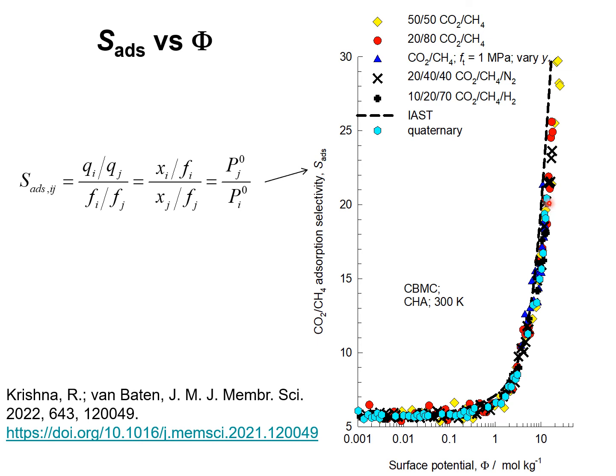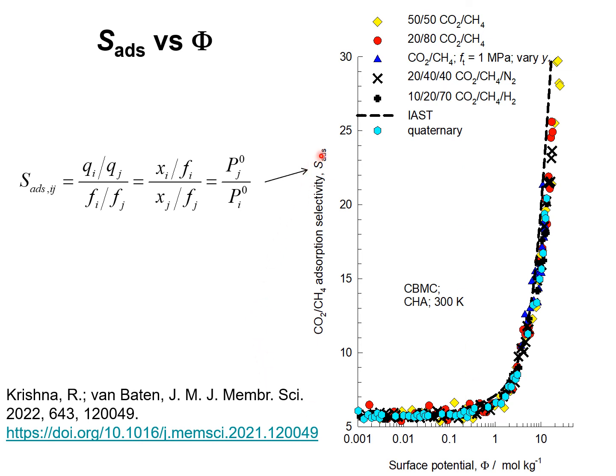And the cyan-colored hexagons represent data for a quaternary mixture of CO2, CH4, nitrogen, and hydrogen. The y-axis is the adsorption selectivity of CO2 with respect to CH4 in all these mixtures.